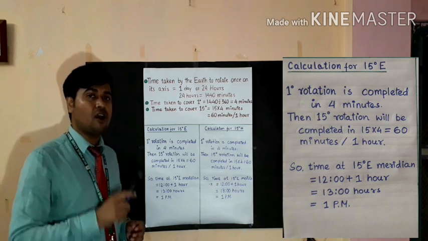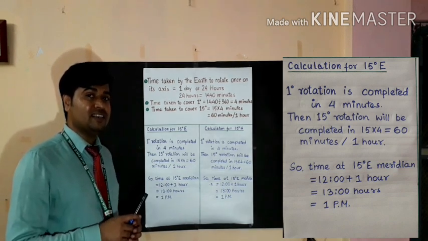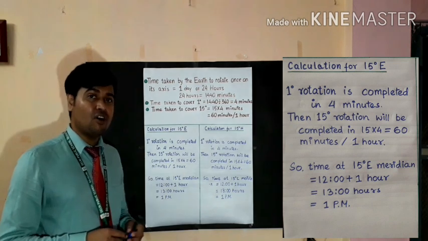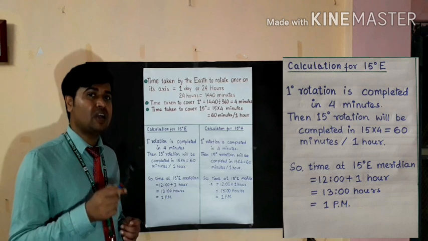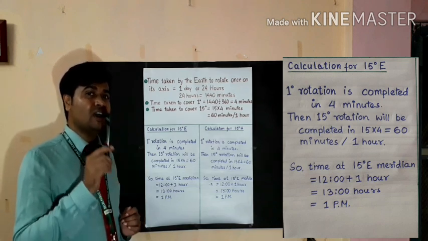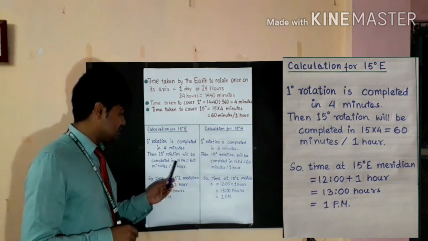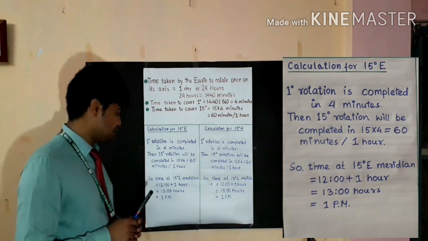or 1 hour. Because the place is located east of the prime meridian, do we have to add or subtract? Yes, we have to add this time to the time of Greenwich.